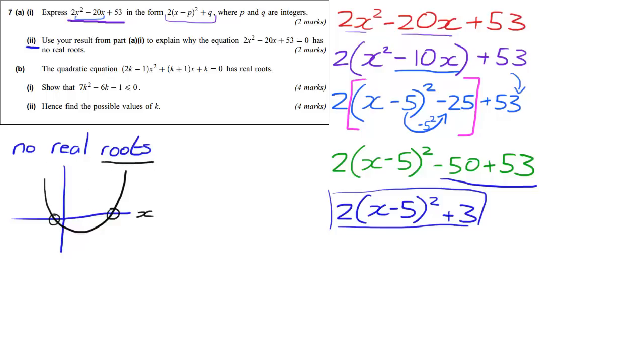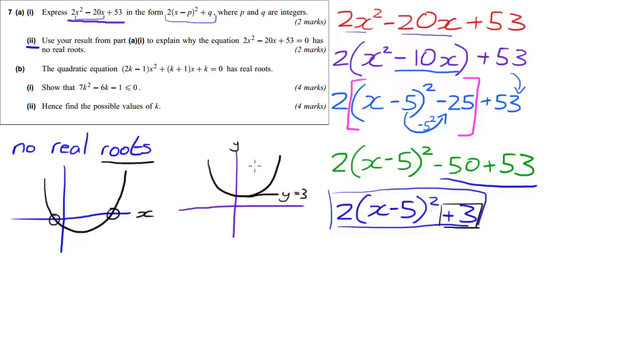So if I draw another one, what we've got is a function that, because of this plus 3 here, does not touch the x-axis. The lowest point here is at y equals 3.